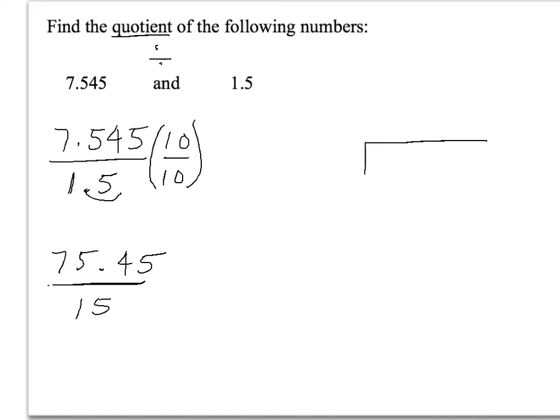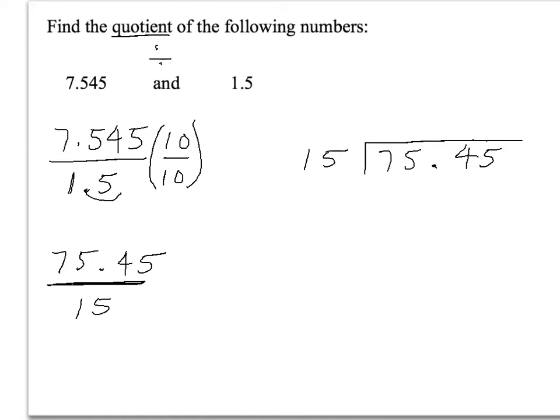Hopefully you can remember. Top number is being divided. 75.45 is being divided by 15. So 75.45 goes inside the box. And it's being divided by 15.